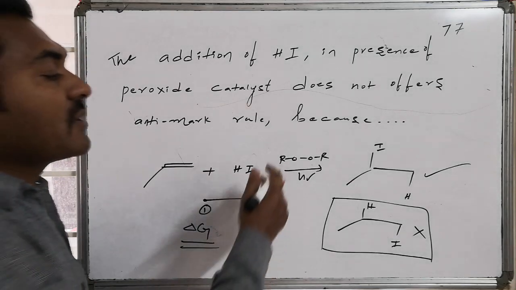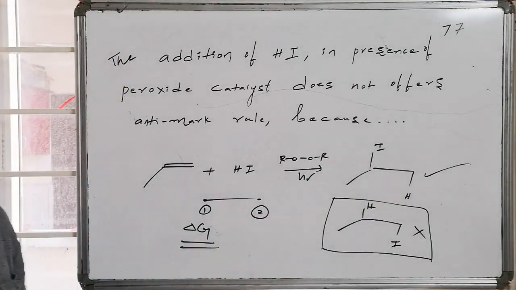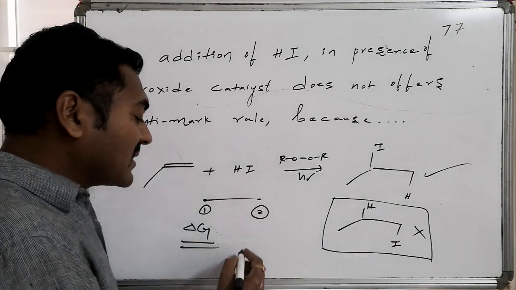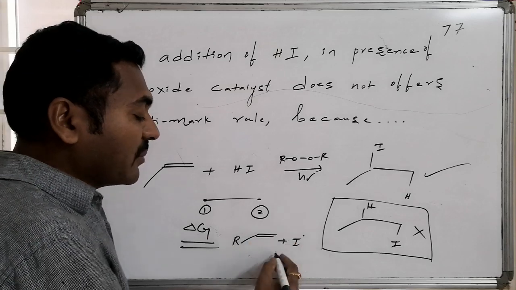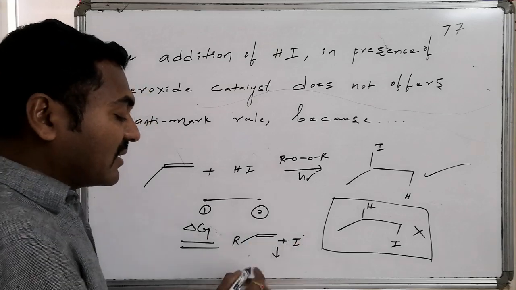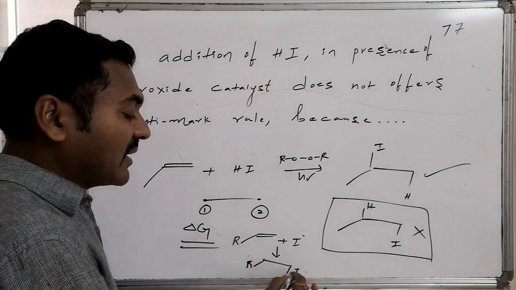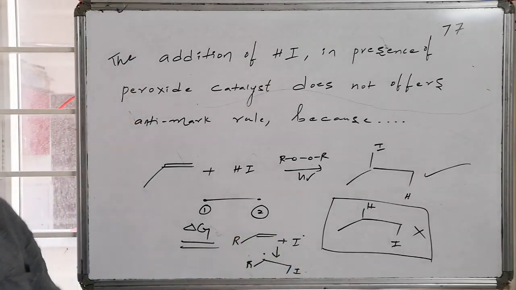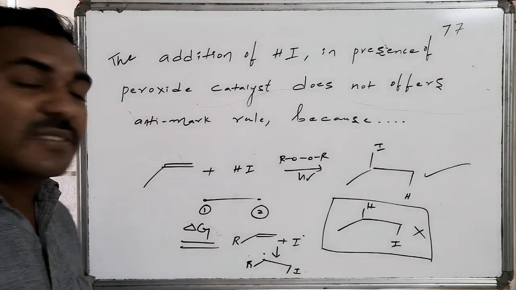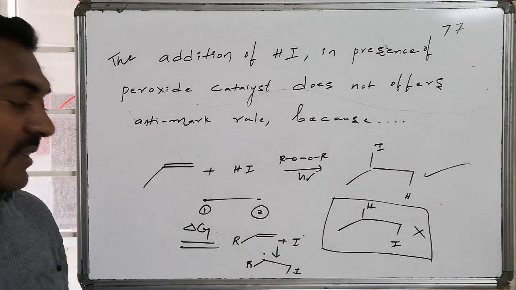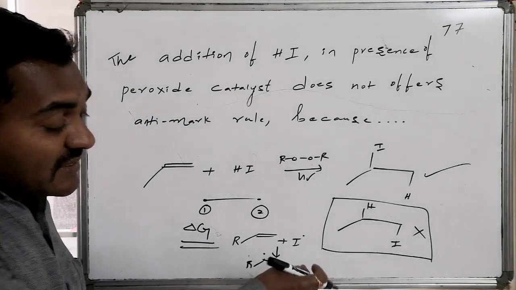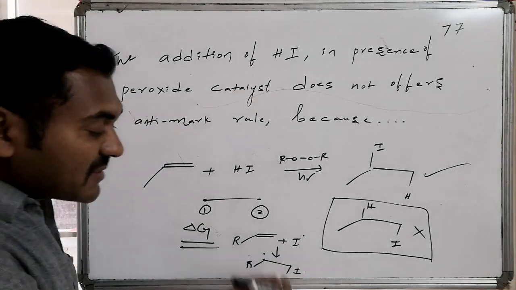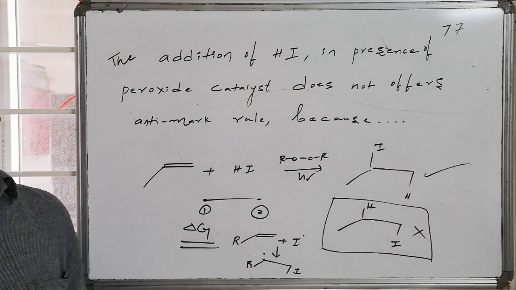The other is, whatever we are expecting, this I radical generated, suppose this I addition across the double bond is not possible. Whatever double bond is there, the double bond on reaction with I should result in the formation of the most stable radical, but the I formation is a non-spontaneous part. It doesn't have the kind of strength that can make a spontaneous addition over the double bond, because this particular step becomes an endothermic step.